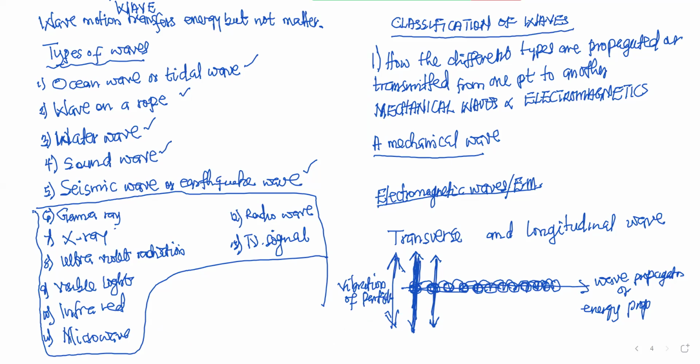So in a transverse wave, we define a transverse wave as a wave in which the vibration of particles of the medium is perpendicular to the propagation of the wave.